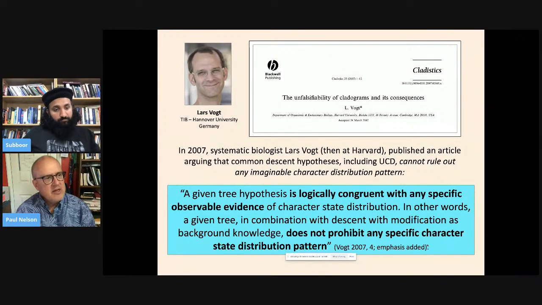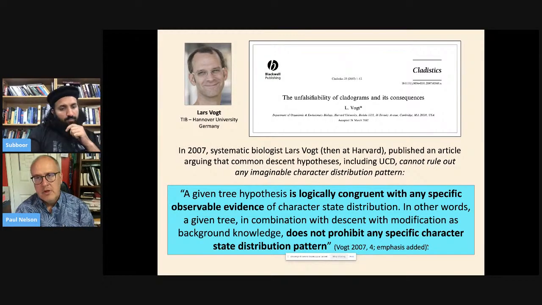Actually, I would say that the shift in opinion on this question is happening remarkably rapidly. So I had to leave out a lot of material for lack of time. But if you go into the literature on the root of the tree, the branching of the three major domains, there's widespread agnosticism.